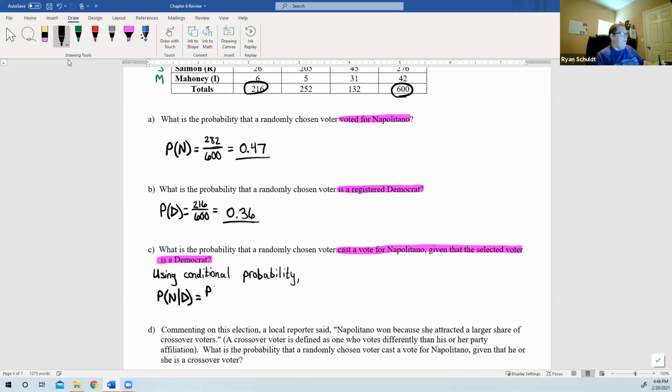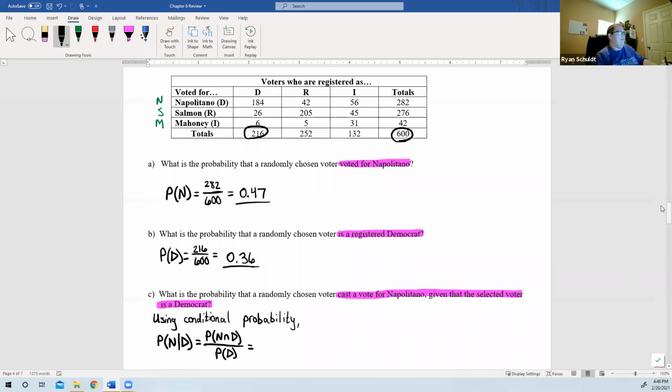That's going to be the probability of Napolitano and Democrat over the probability of Democrat. Well, let's see. What's the probability of Napolitano and Democrat?